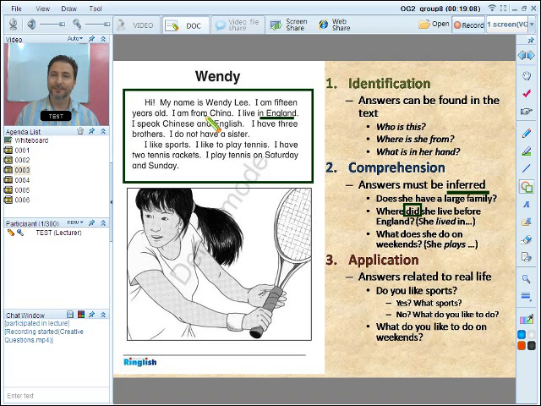A third question you might ask, what does she do on weekends? And the student could look around. Let's see, Saturday and Sunday, there's no weekend here, so they would have to understand what a weekend means. So here, Saturday, Sunday, weekend.